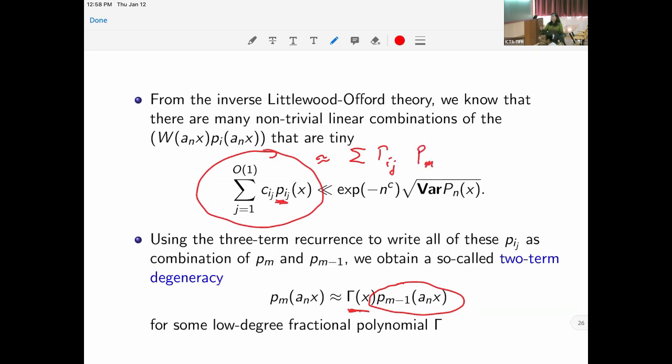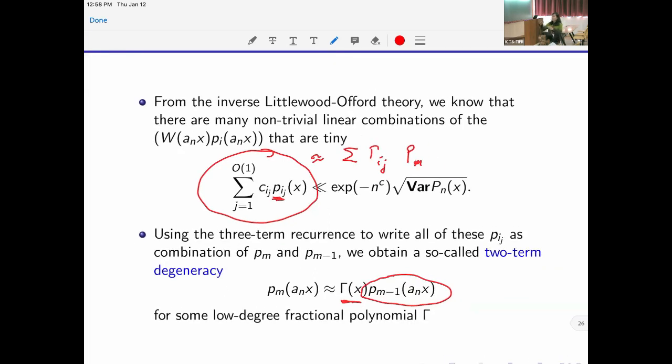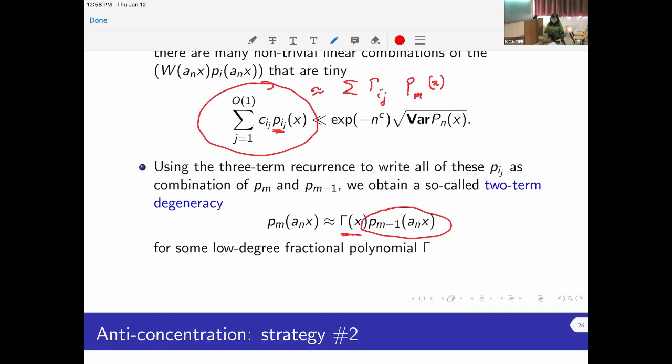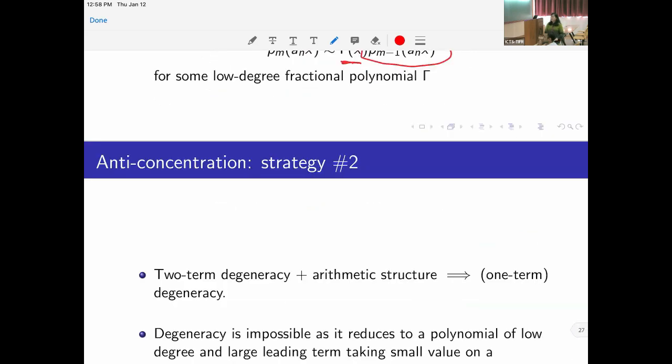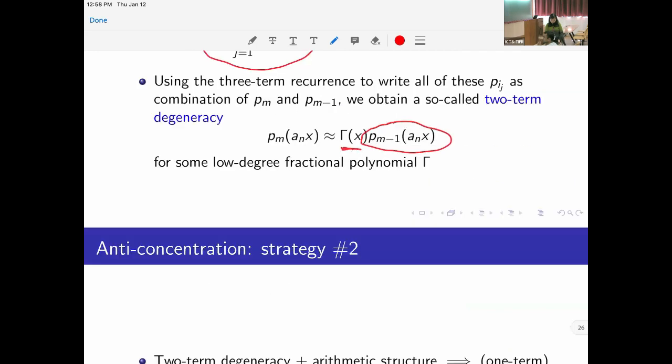We would have to find a common m for all of them, x, to be very small. So that reduces to what we call a one-term degeneracy. So this is very small.